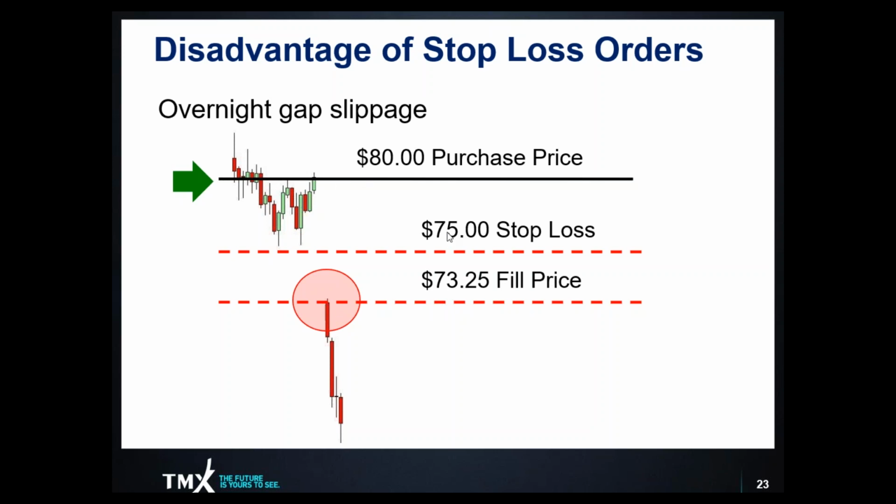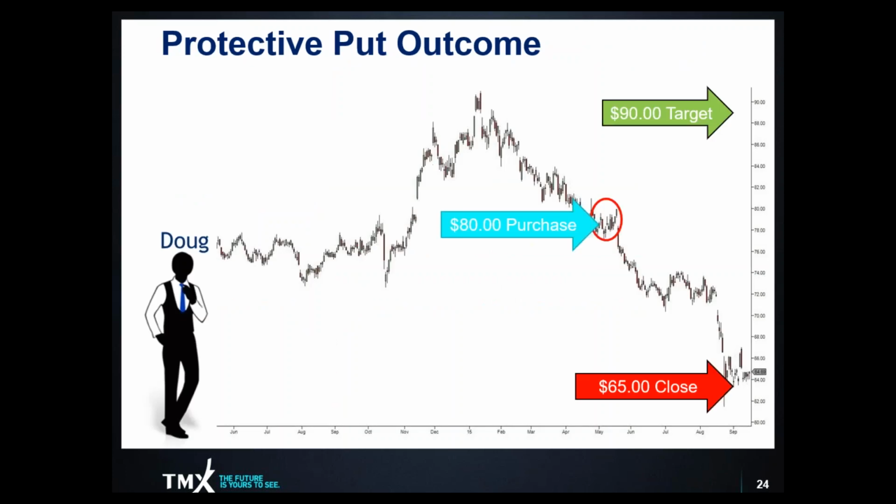So as you can see here, where the intention was to limit your losses at 75, because there was a gap down overnight and the stock opens at a new adjusted price of 73.25, that's where you're getting out. Again, if you've got the protective put in place, you don't have to worry about that gap down. Your option contract premium is going to reflect the difference between the $80 strike price and where the underlying security is trading at present.